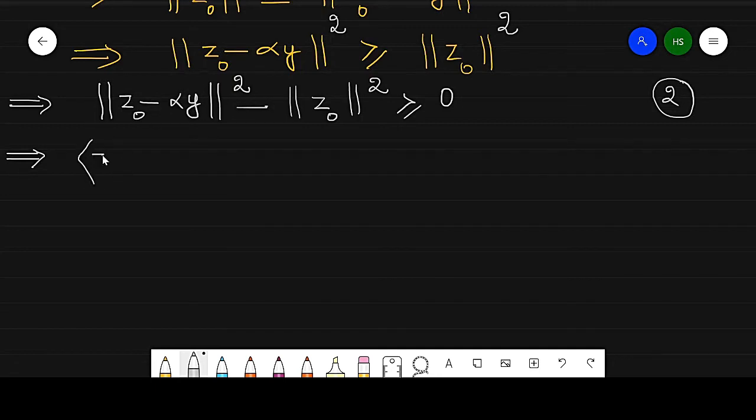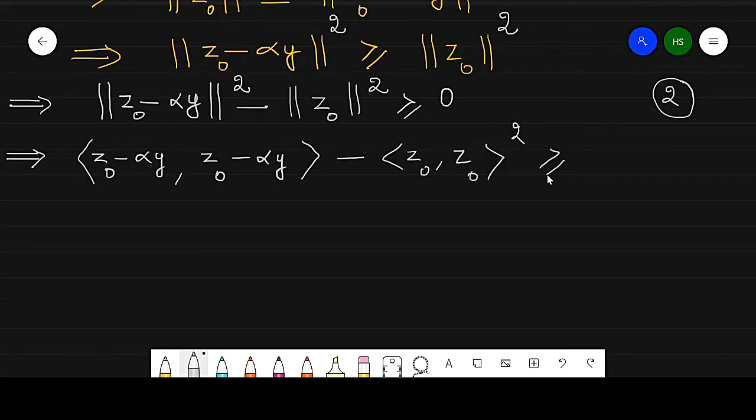So this is the inner product of z naught minus alpha y comma z naught minus alpha y, and minus the inner product of z naught comma z naught, and this entire term is positive.